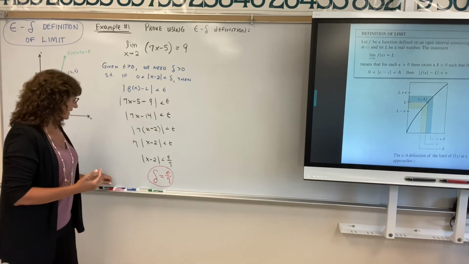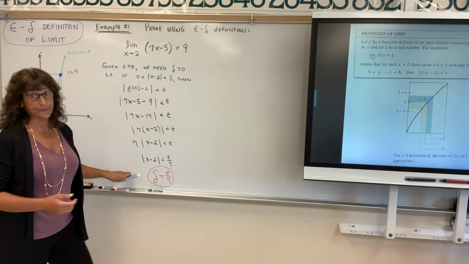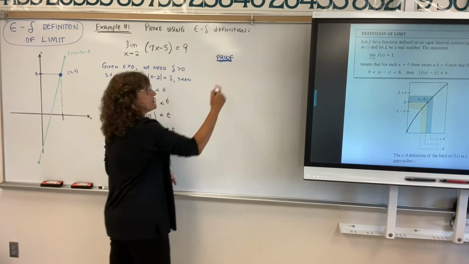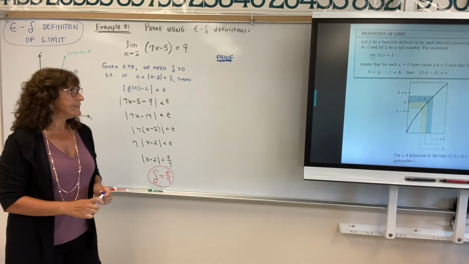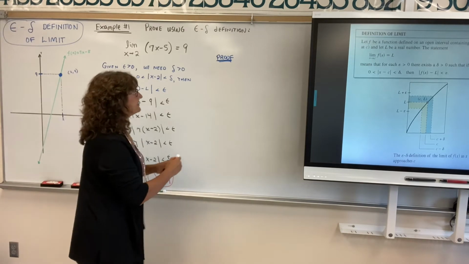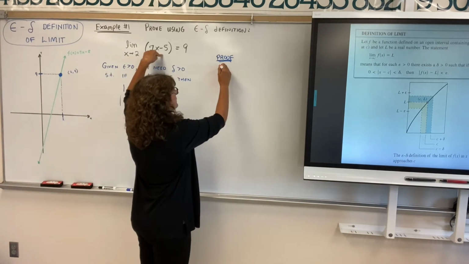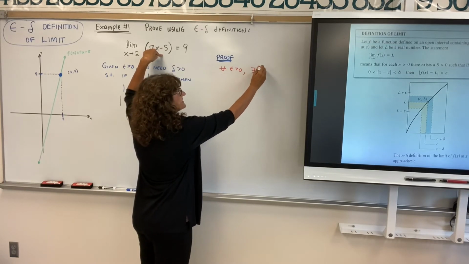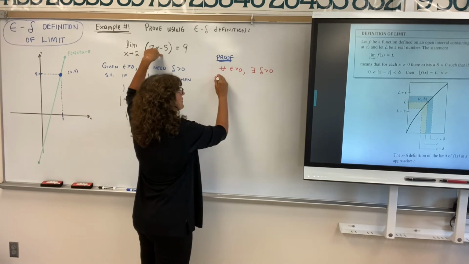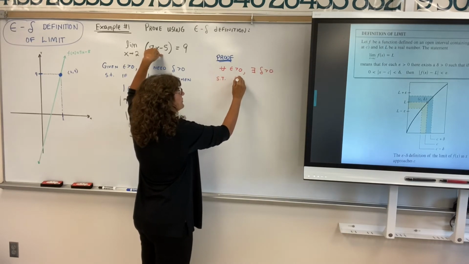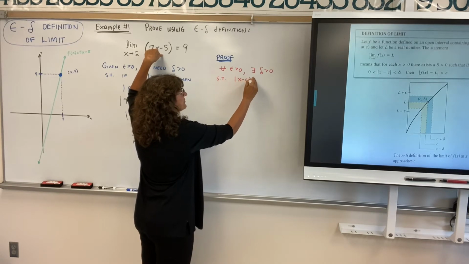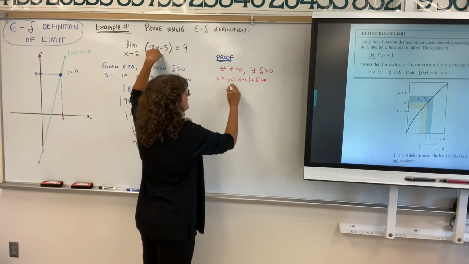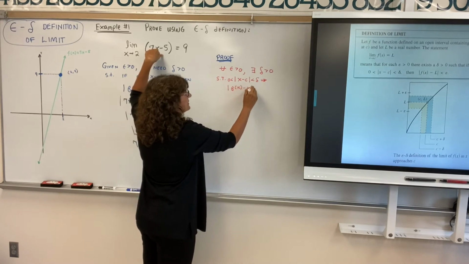Now let's go ahead and actually write our proof, using the language in the definition. So what does the language say? Your limit definition says for every epsilon greater than 0, there exists a delta greater than 0, such that 0 less than the absolute value of x minus c less than delta implies that the absolute value of f of x minus L is less than epsilon.